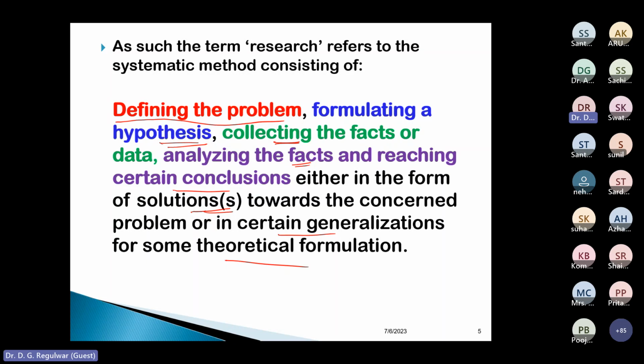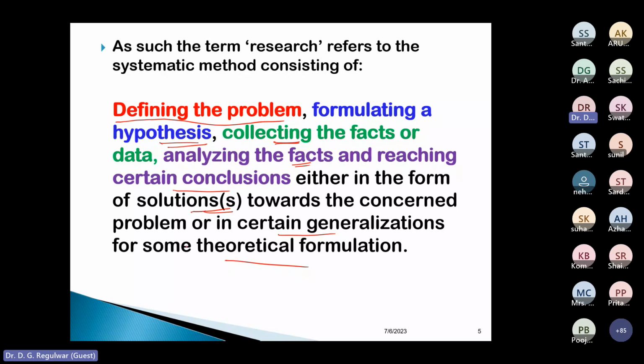So this definition is more fitted to the engineering side. Research is a systematic method consisting of defining the problem, formulating a hypothesis, collecting the facts or data, analyzing the facts, and reaching certain conclusions, either in the form of solutions towards the concerned problem or in certain generalizations for some theoretical formulation.